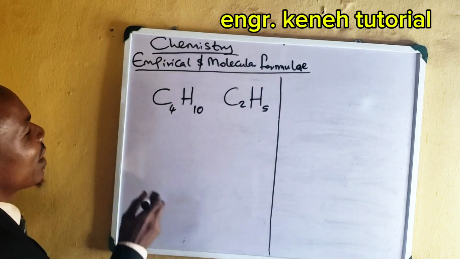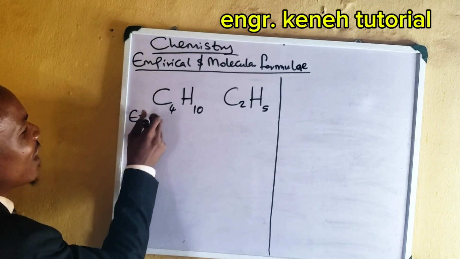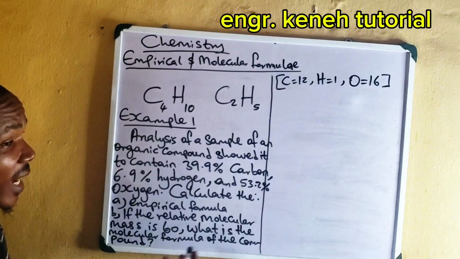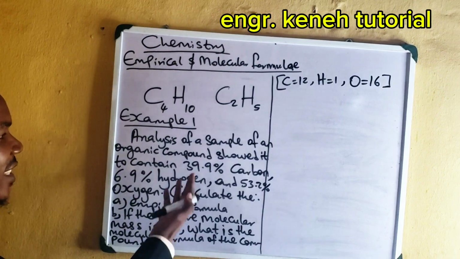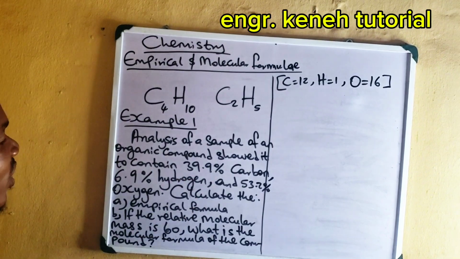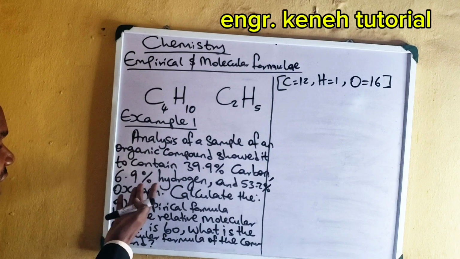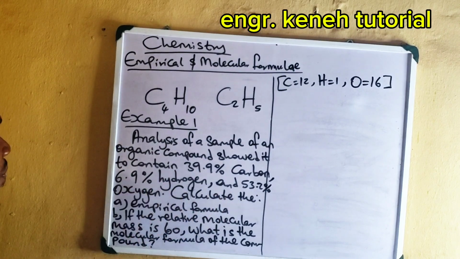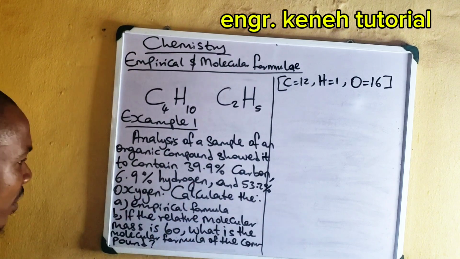I'll show you how this can be solved. So let's go ahead. We have example 1. Example 1 says analysis of a sample of an organic compound showed it to contain 39.9% carbon, 6.9% hydrogen, and 53.2% oxygen.